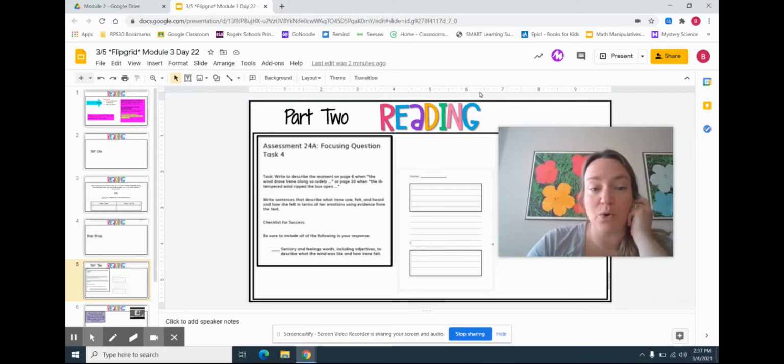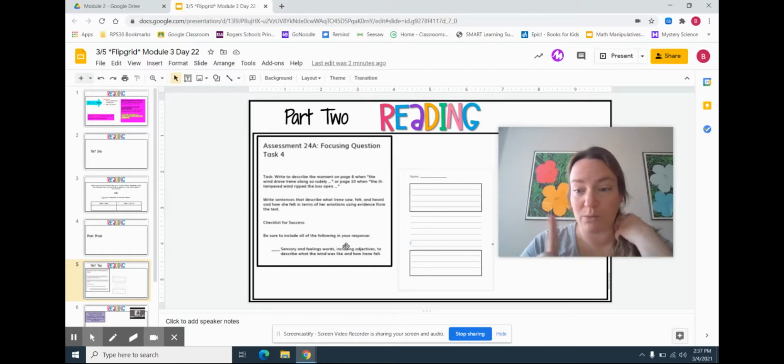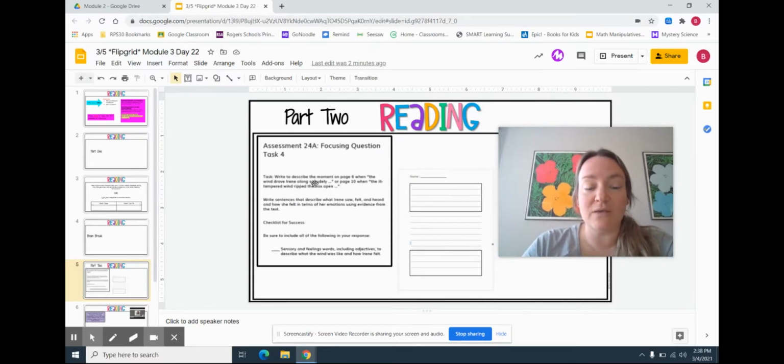So first, we're going to go over the expectations for your focusing question task 4 one more time so that you're really clear about what you're supposed to be doing. It says your task is to write to describe the moment on page 6 when the wind drove Irene along so rudely, or page 10 when the ill-tempered wind ripped the box open.